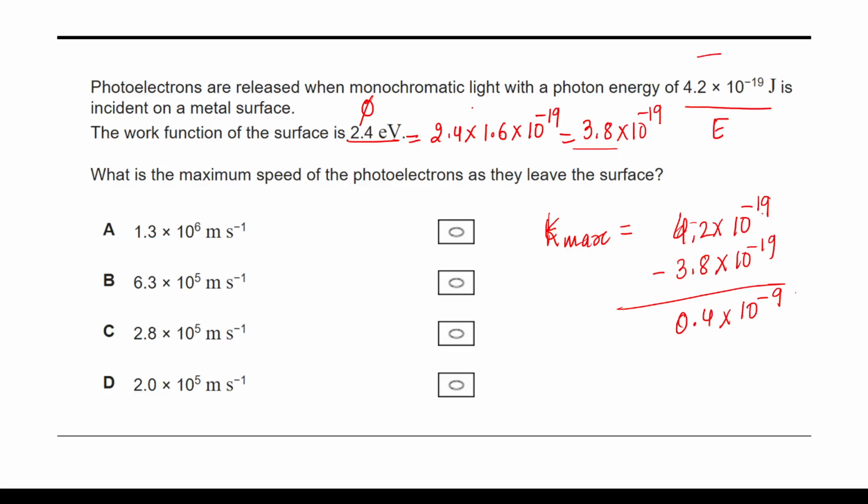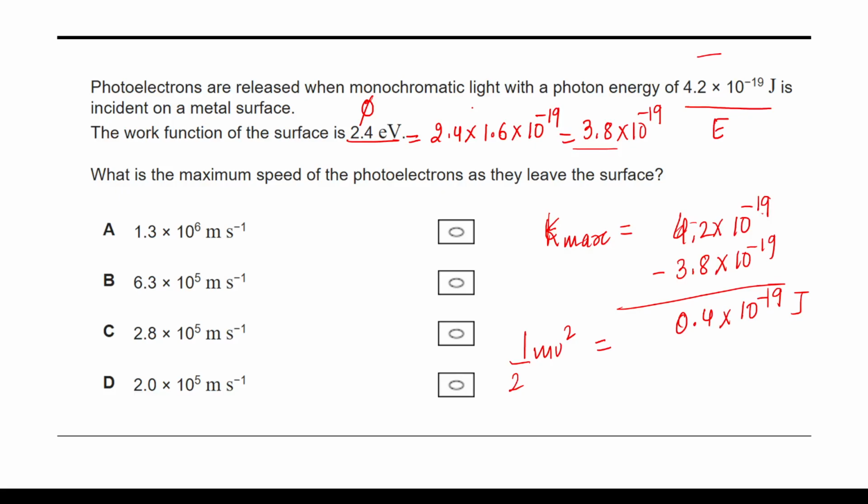So this much energy would be the maximum kinetic energy of any photoelectrons that are emitted. Now it's not interested in maximum kinetic energy, it's interested in the speed. So then you use half mv square equals this and find the v.